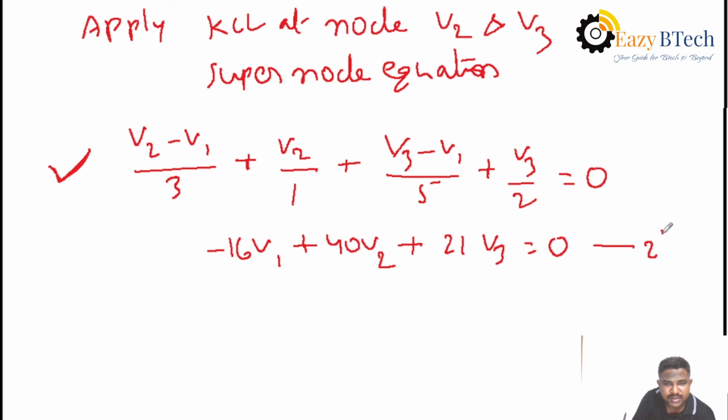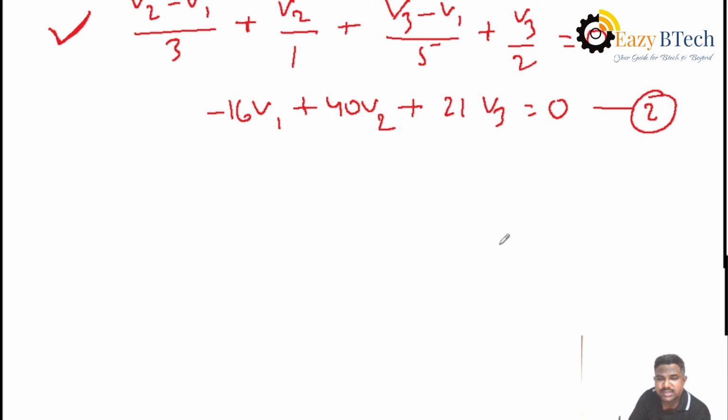This is taken as equation 2. Then what about the third equation? The third equation comes from the source. Where is the super node voltage source? The super node voltage source is joined between two nodes, that is V2 and V3.